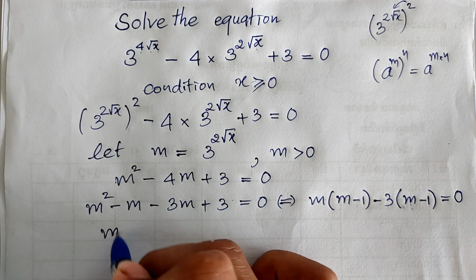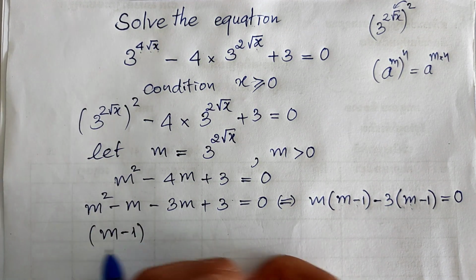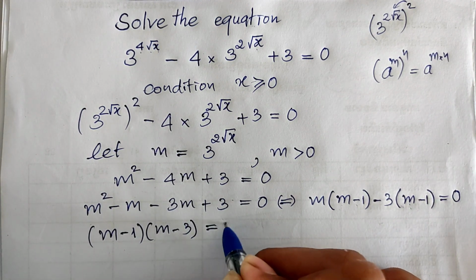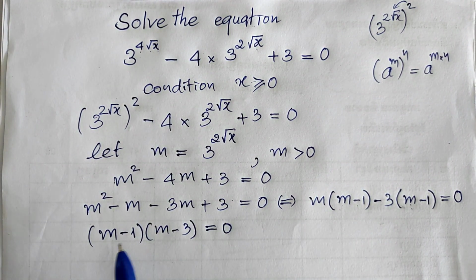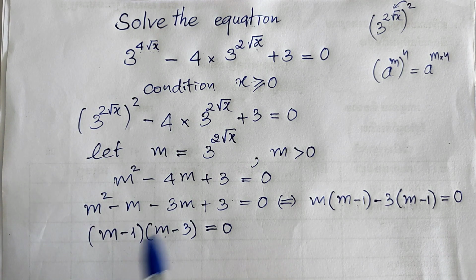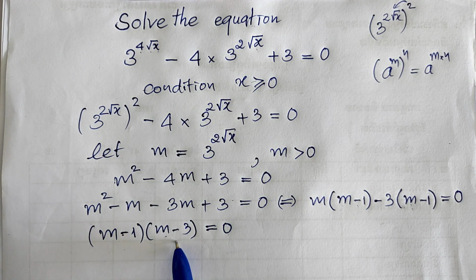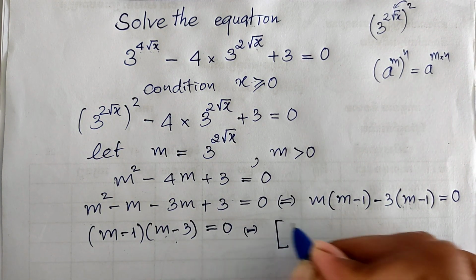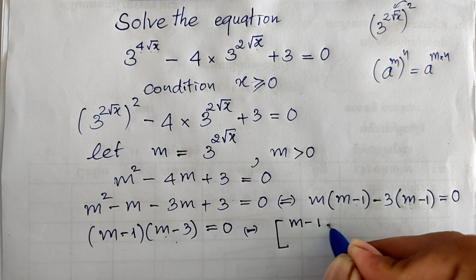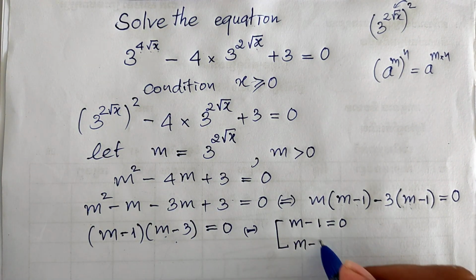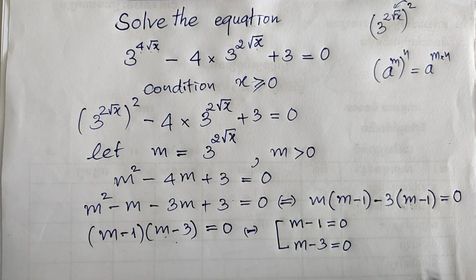We get m minus 1 multiply m minus 3 is equal to 0. If two factors multiply to 0, then one of them equals 0. So m minus 1 equals 0 or m minus 3 equals 0.